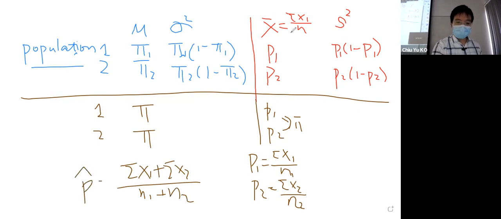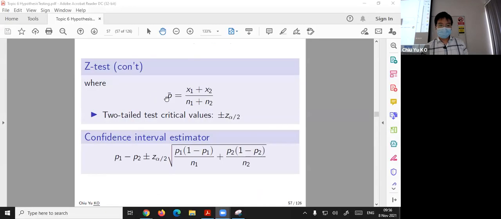This is our better estimate. Okay? So this is why you see the formula over there. That's why you have this: adding all the observations over n of them.